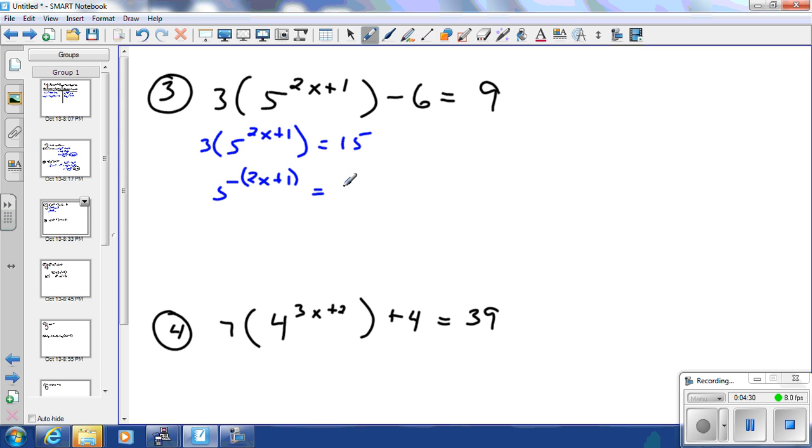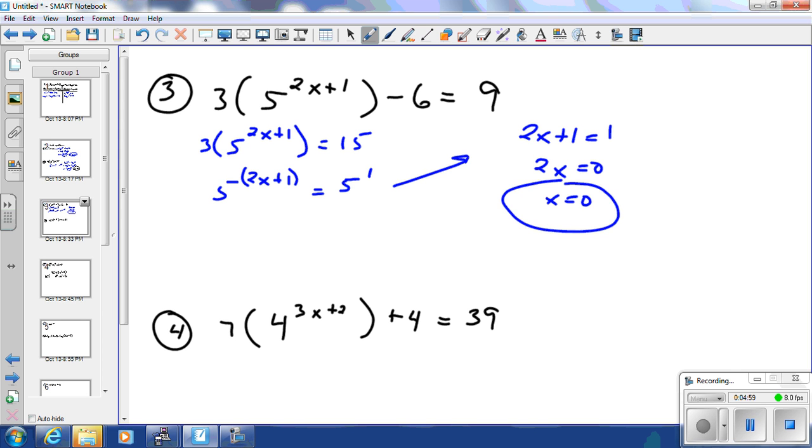This is going to equal 15 divided by 3, which is 5. Now we can proceed here the way that we've done in the other problems. However, we should notice this is 5 to a power equals 5 to a power. Well, this over here is 5 to the first power. So what I know in this case is that 2x plus 1 has to equal 1. 2x would equal 0, x is going to equal 0.